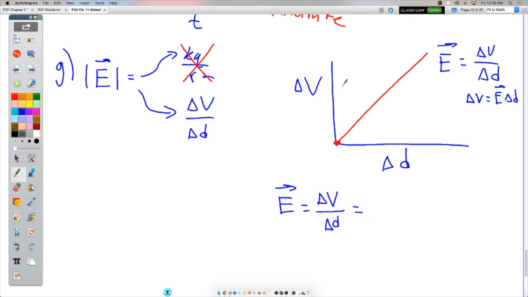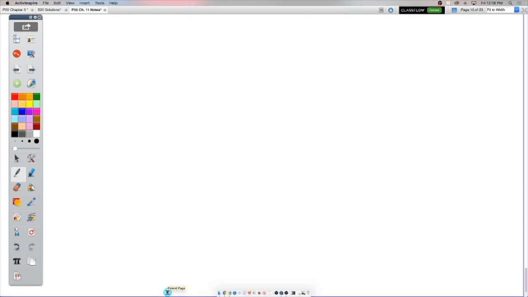On this graph, the potential difference is a rise, and the separation distance is our x variable, a run. Rise over run is slope. So for a graph where you plot potential difference as a function of separation distance between plates, the slope of that graph will give you the electric field magnitude.